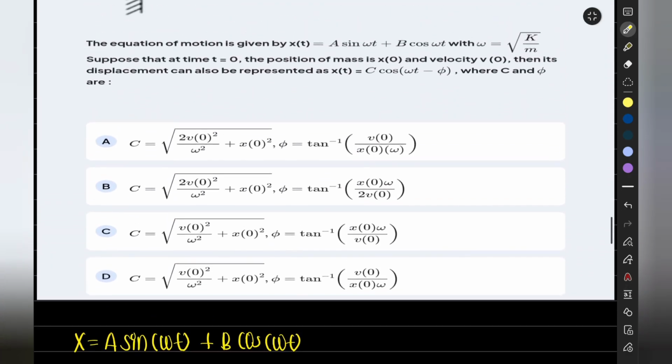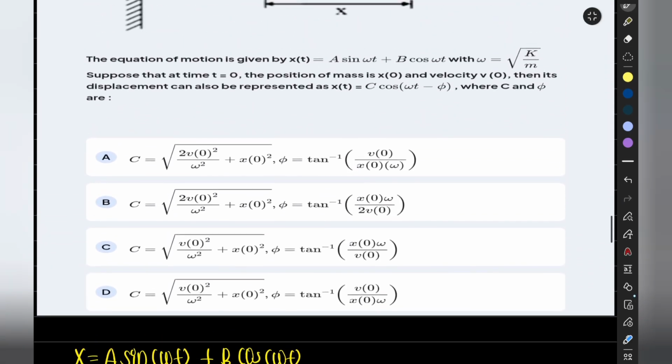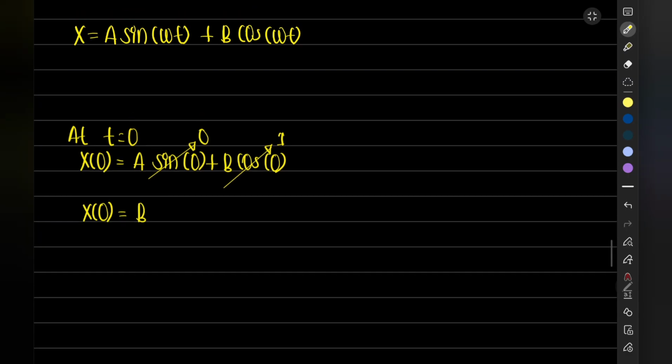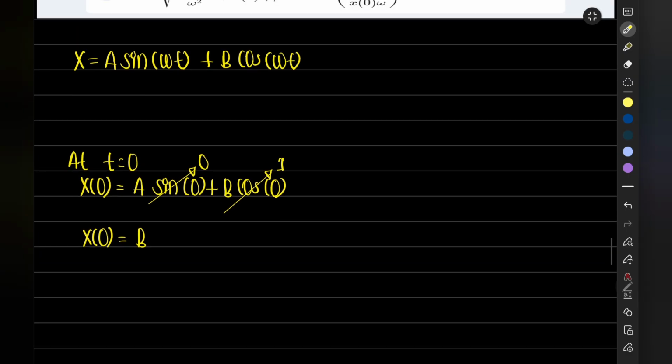One more thing we will need is v of 0 also, because they have mentioned v of 0 too. So let's try to find this v of 0. For that I will need the velocity, and for that I will have to differentiate the position. v equals dx upon dt.